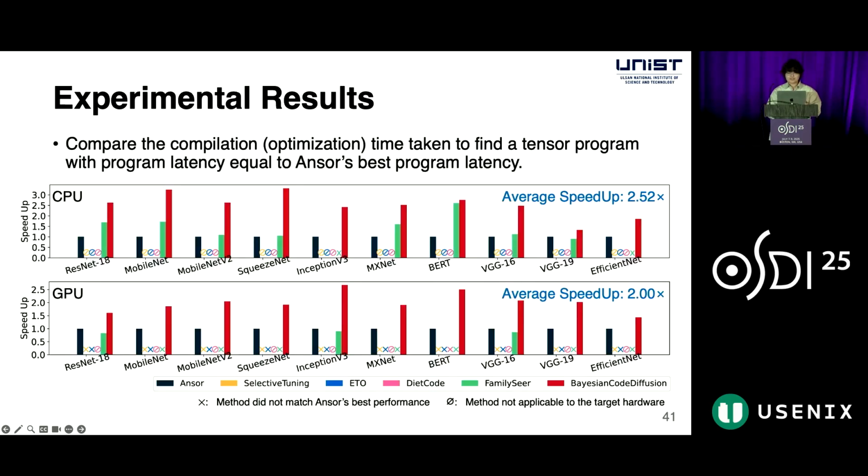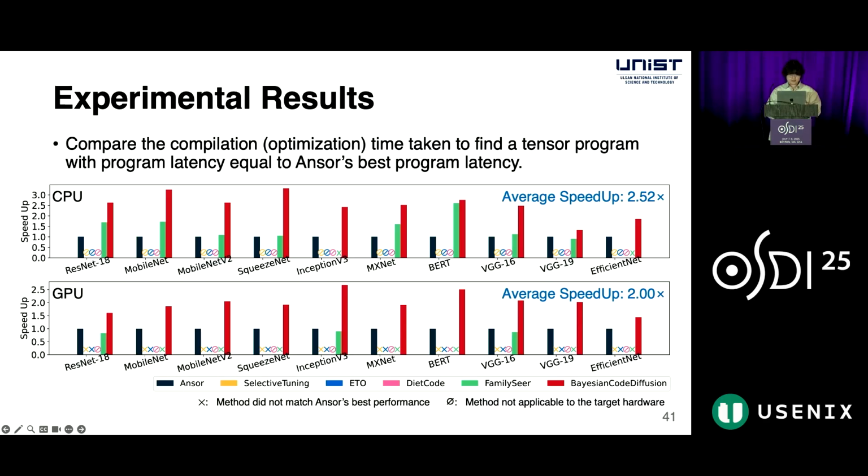This figure compares the compilation efficiency of different approaches on both CPU and GPU platforms. To measure efficiency, we look at how fast each method can reach the same performance as Ansor's fastest program.